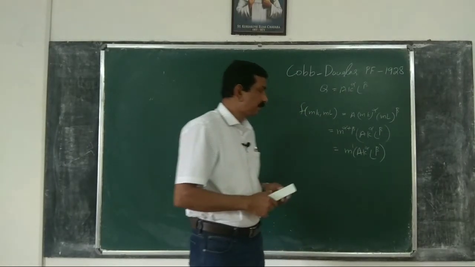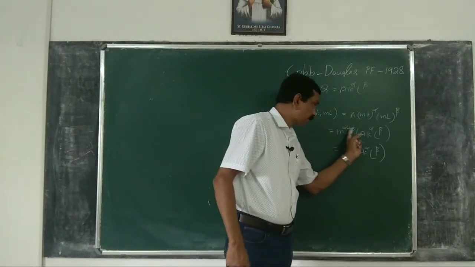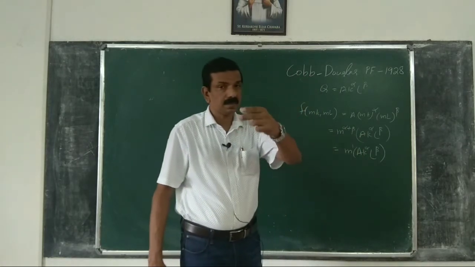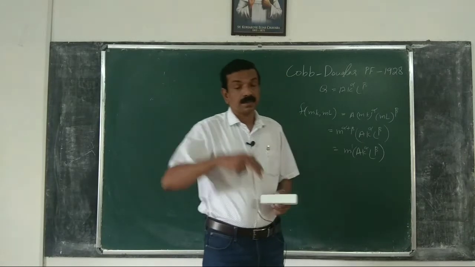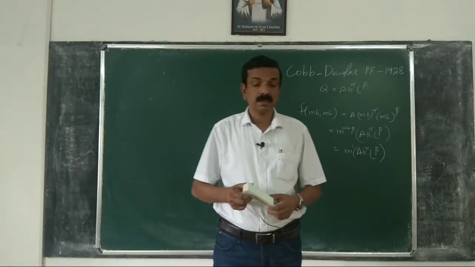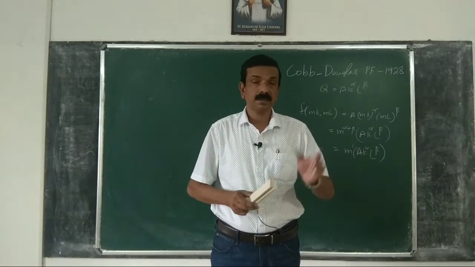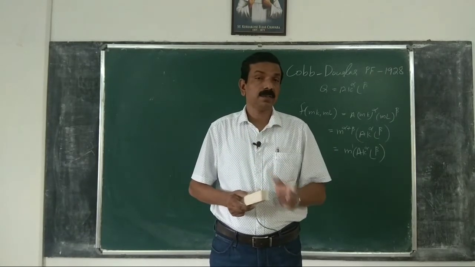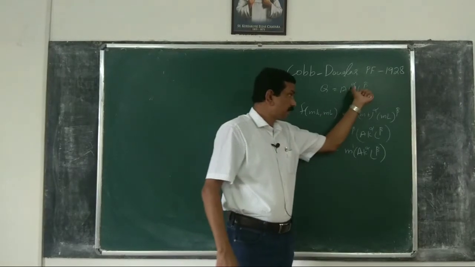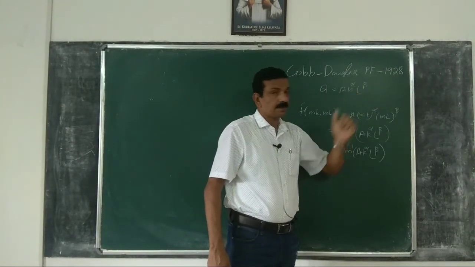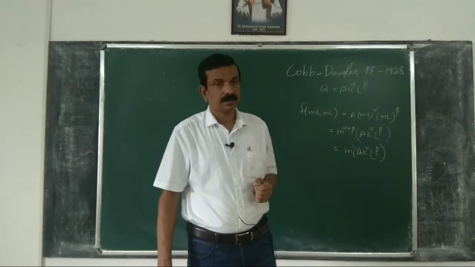Homogeneous of degree 1, and if alpha plus beta is equal to 1, as we have discussed in the previous class, the production function exhibits constant returns to scale. It is linearly homogeneous. Remember this. In the Cobb Douglas production function, it is not necessary that alpha plus beta is always equal to 1.